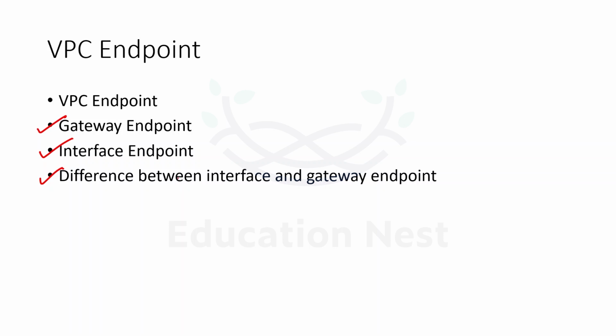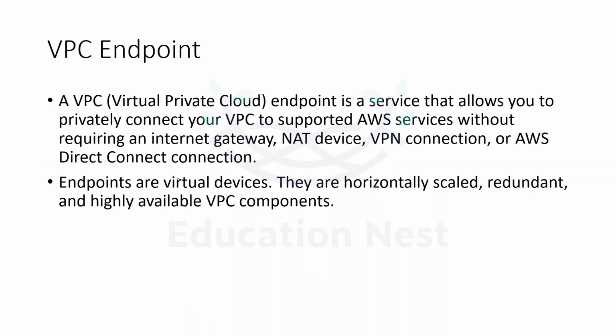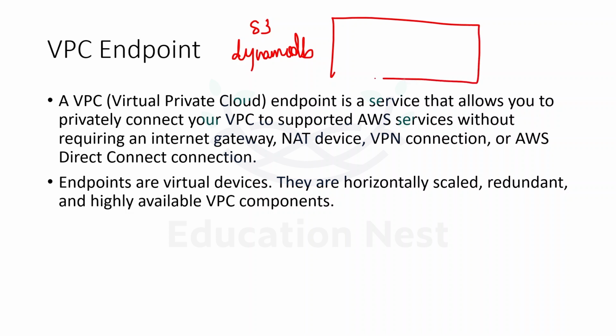Right, so let's get started with VPC endpoint first of all. A VPC endpoint is what we use when we want to connect to our services. The first thing that comes to mind is: why do we require these endpoints? Whenever we want to connect to any AWS service, like S3 or DynamoDB, all of those services reside outside our VPC.